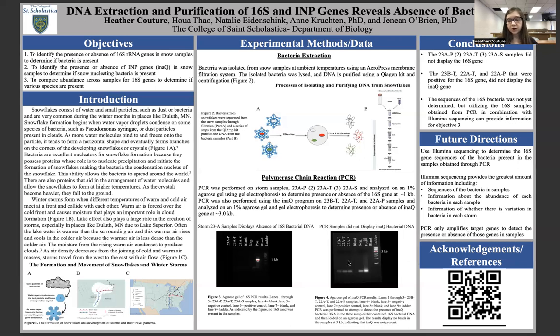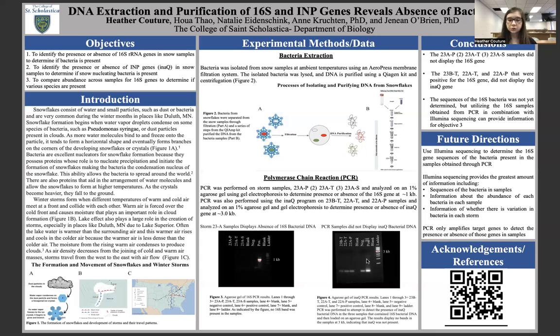While the PCR did allow us to identify whether or not bacteria is present at all, and could give us a little bit of a hint of how much bacteria is present, Illumina could give us even more information by giving us the specific sequencing and identifying exactly which species are present. So yeah.